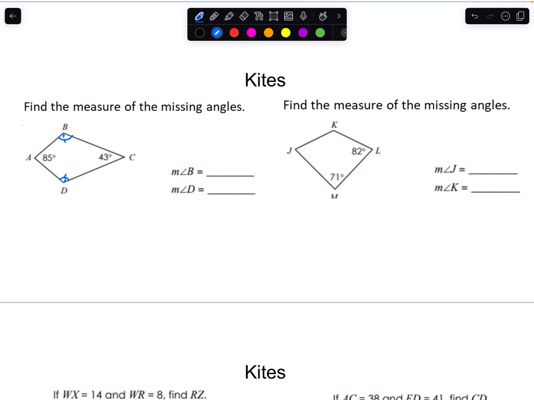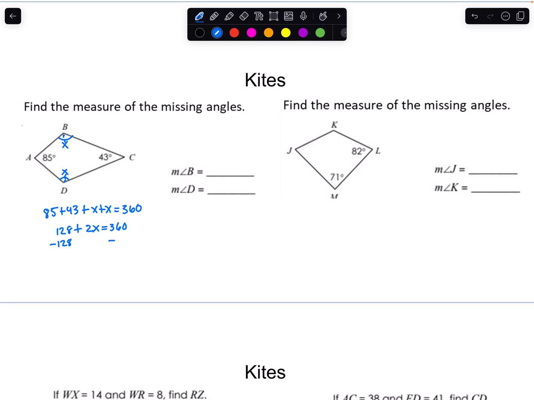All angles still add up to 360 degrees, and I have two angles here that measure the same amount. So 85 plus 43 plus x plus x should equal 360. As I combine like terms, 85 plus 43 is 128 degrees. X plus x is 2x, and that's still going to be a total of 360.